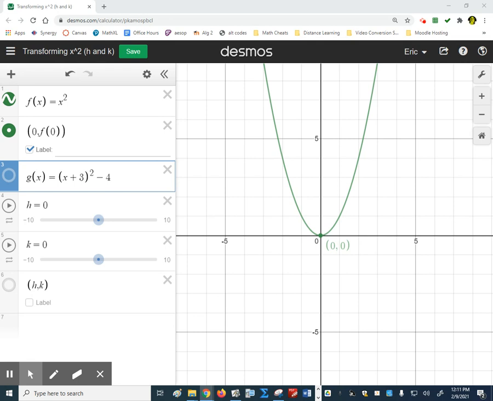Okay, good. I'm seeing some people pointing in the right directions here, but I want some numbers on it. Be more specific. What's going to happen to f of x? I want to know it's going to get moved this amount, to the right or the left, and this amount up or down. Be specific.